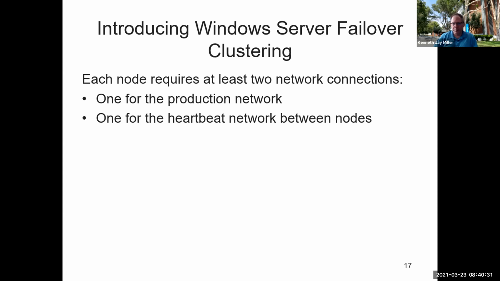One is for the heartbeat network, which is just between our two nodes. So node 1 and node 2, node 1 is the one doing all the work right now. Node 2 will say, hey, node 1, are you alive? Send it a ping. If it comes back with a reply, okay, he's online. Ping, reply, he's online. And it'll do this at a certain interval, normally every couple seconds or every second.